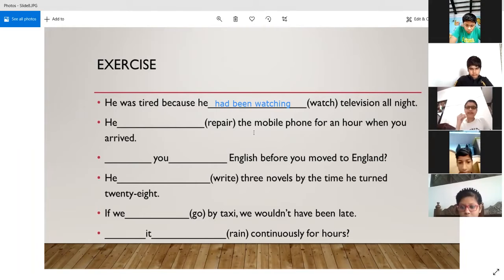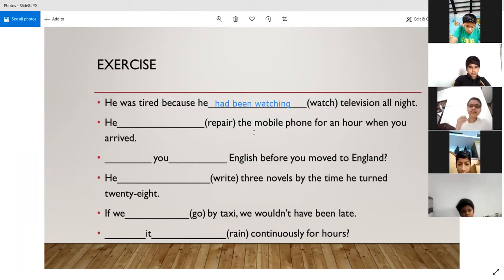If you see, sir, actually what they are trying to mean over here is that he had been repairing the mobile phone for an hour because the action was continuously going on when you arrived. Are you seeing it? He had been repaired.